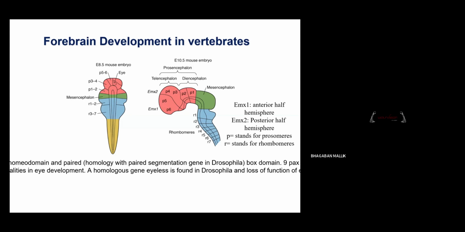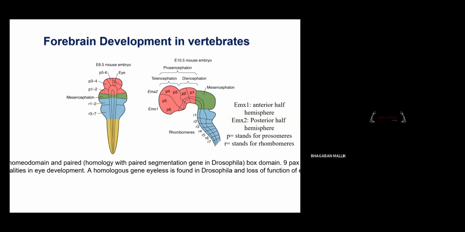Here there are two different stages of development represented in this slide: the mouse embryo at stage 8.5, and the 10.5 mouse embryo. In 8.5, this is the forebrain, this is the midbrain, and this is the hindbrain.